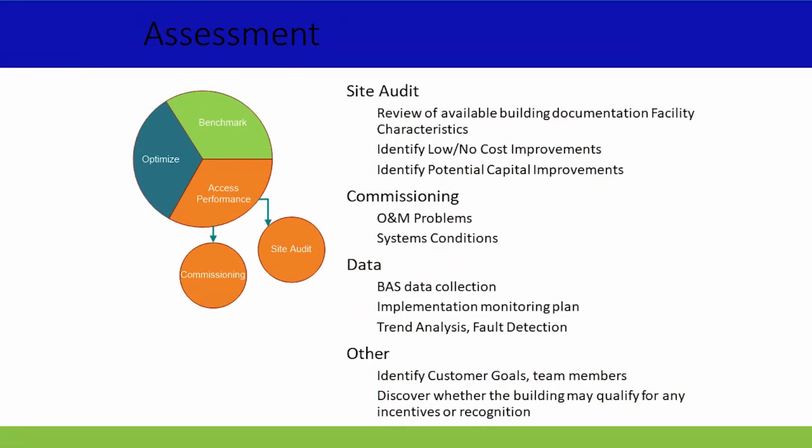So now that we understand what the building is doing relative to other buildings, we get into what is called the assessment phase. The assessment phase could be an energy audit, looking at O&M problems, or looking at system conditions. If it has a BAS system, we can go collect data, implement a monitoring plan, do trend analysis, and use fault detection.